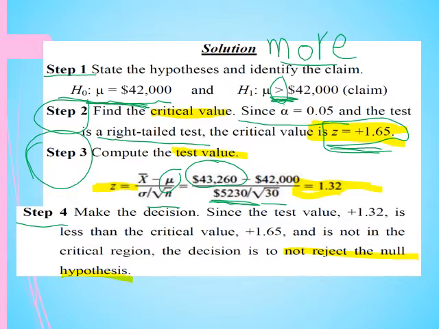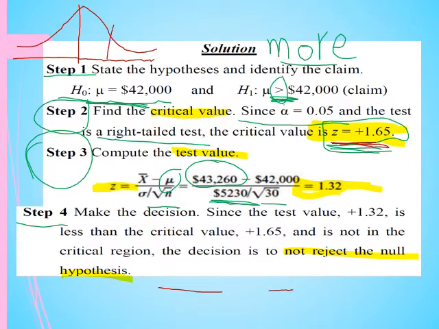If you can't get your decision according to this comparison, you can easily draw this and know the answer. Here we have a normal distribution, and here is the point. The critical value from the Z table is 1.65 here.